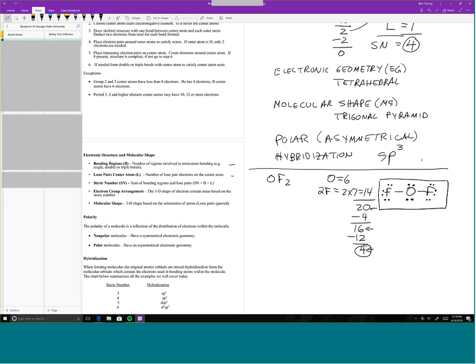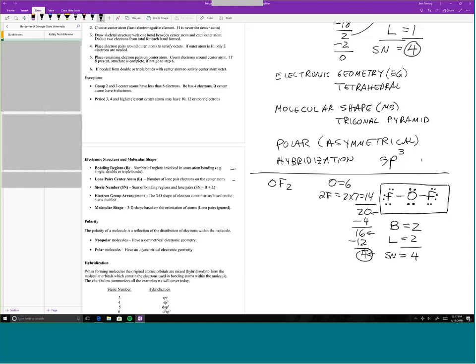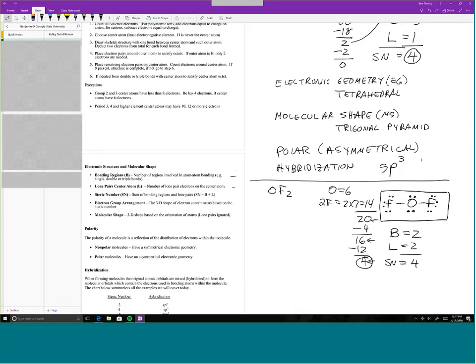Okay, let's now summarize the bonding and lone pair arrangements. We have 2 bonds between the oxygen and the 2 fluorines, so B is 2. The lone pairs on the center atom will be 2. So the steric number is once again 4, just as it was in PCl3, but it got there a different way by virtue of 2 bonds and 2 lone pairs.